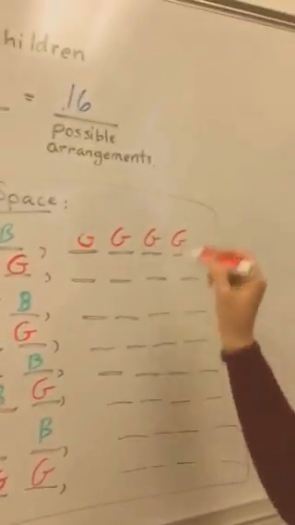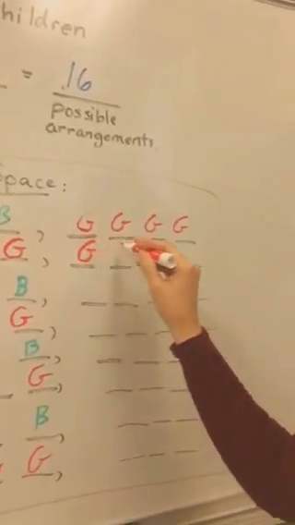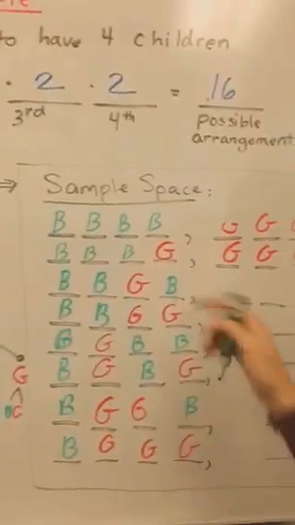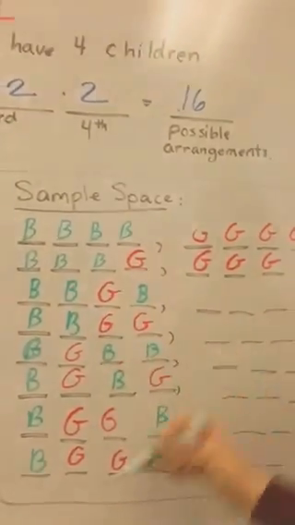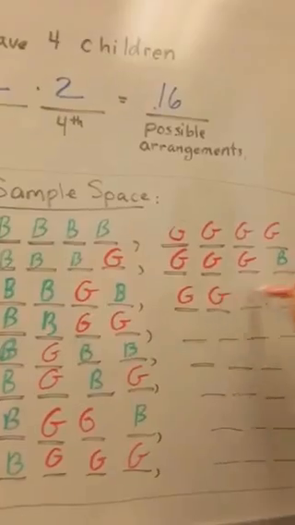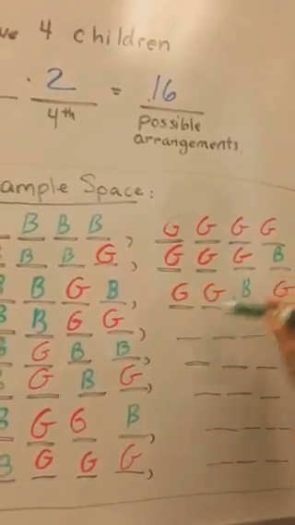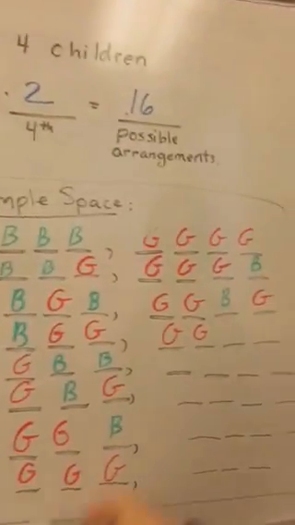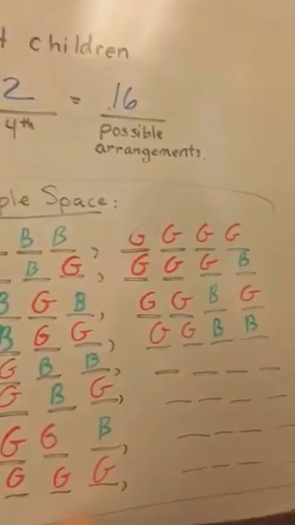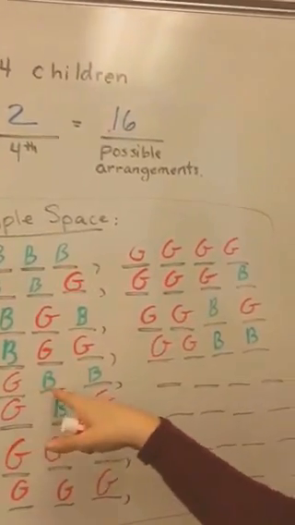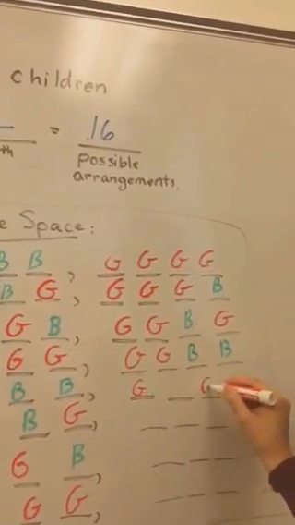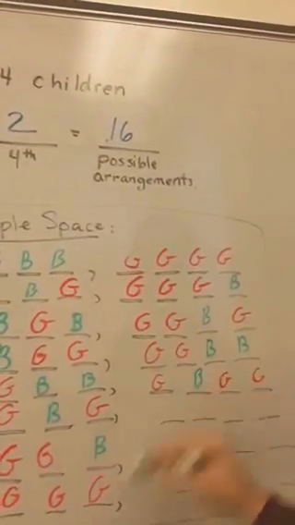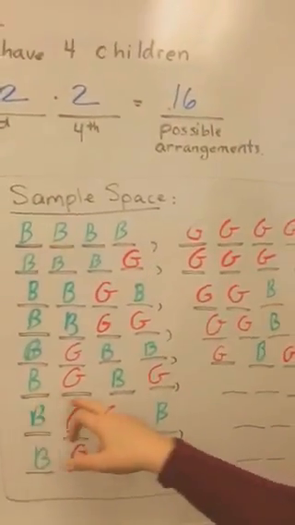So instead of all boys, we could have all girls, GGGG, and then here we'd have GGGB, followed by the opposite of this one would be GGBG, the opposite of this one would be GGBB, the opposite of this one would be GBGG, the opposite here would be GBGB.